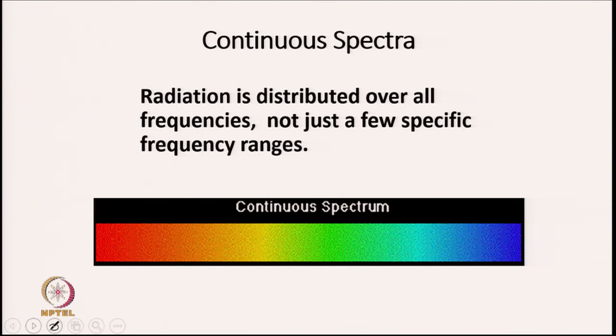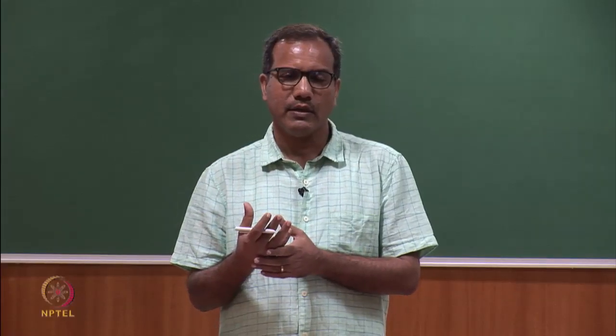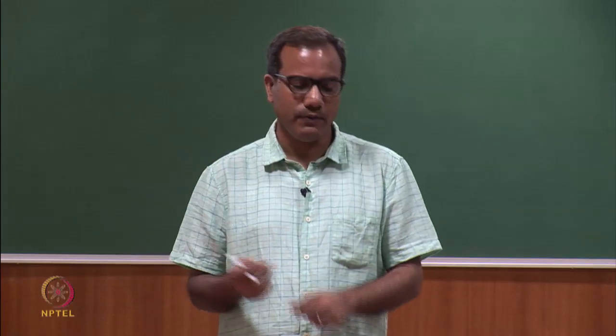So, you can see it is going from red to blue. Basically, radiation is distributed over all frequencies in a continuous spectrum. For example, the emitted light from the sun is an example of a continuous spectrum.